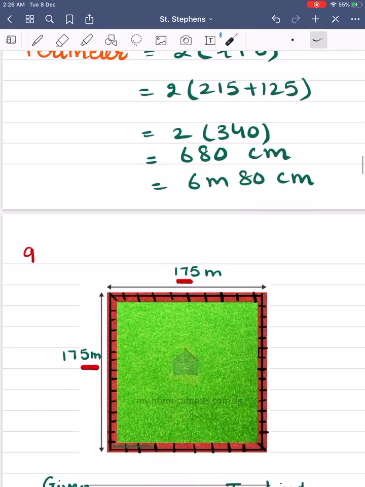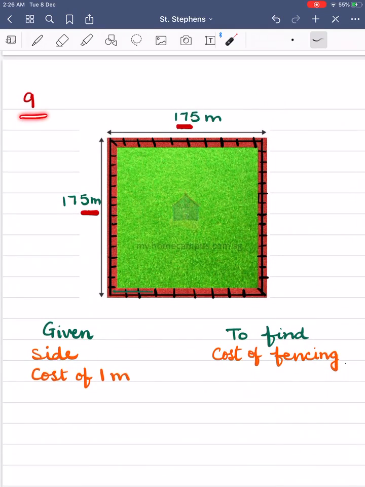Now let's do question 9. Find the cost of fencing a square park of side 175 meters at the rate of rupees 20 per meter. So children, here we are given side of a square is equal to 175 meter and cost of fencing 1 meter is equal to rupees 20 and we have to find out the total cost of fencing.